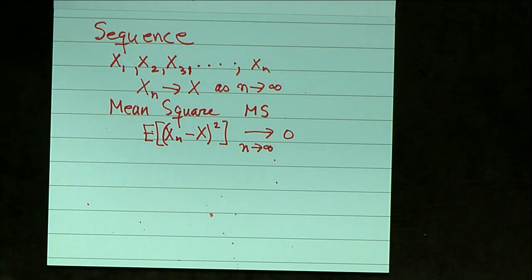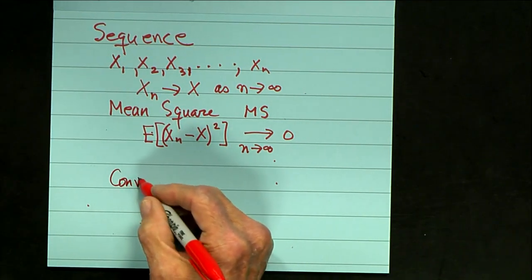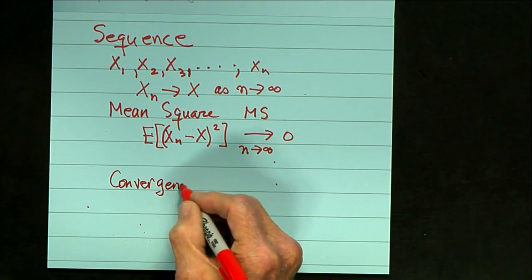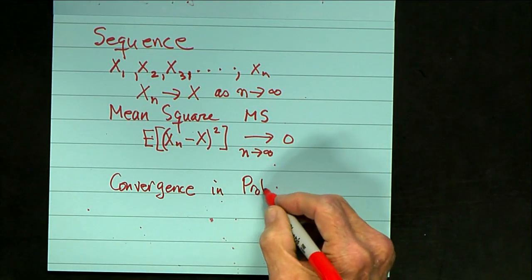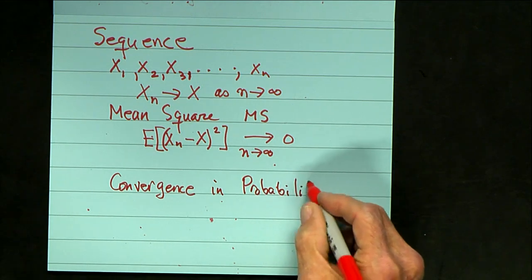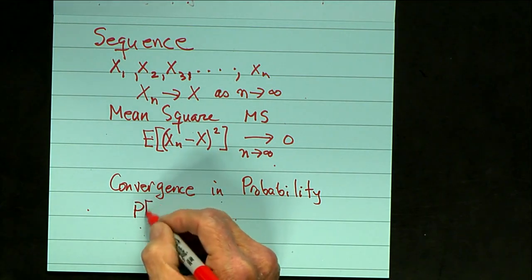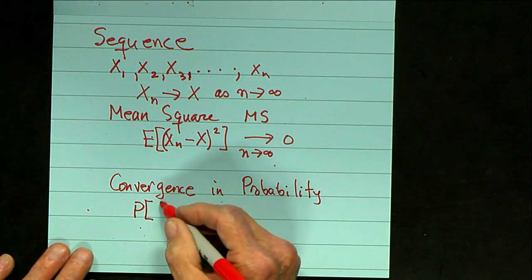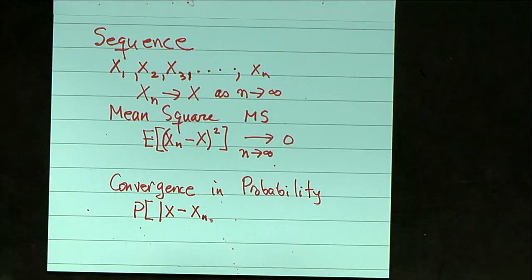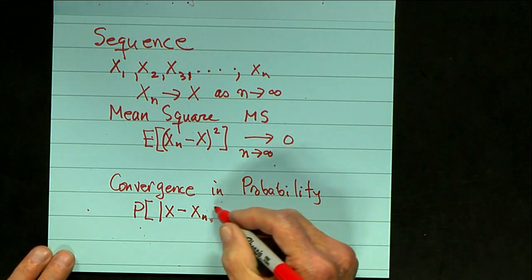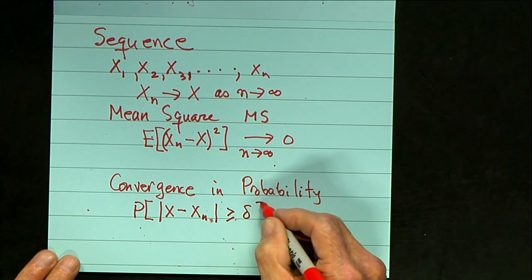There's another type, convergence in probability. Convergence in probability is when the probability that Xn minus X is greater than delta goes to 0 as n goes to infinity.